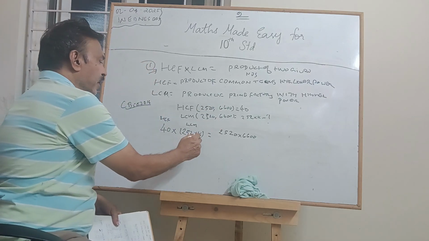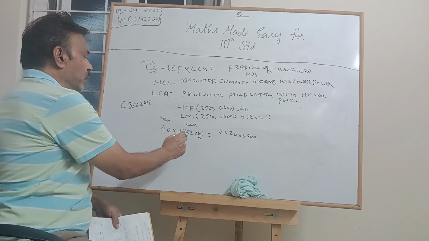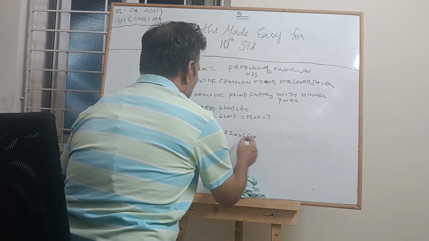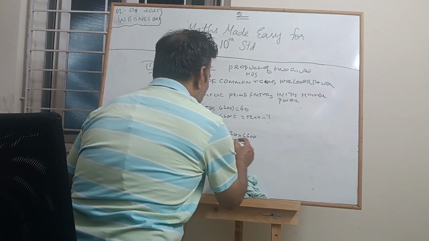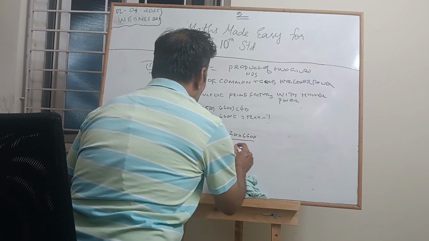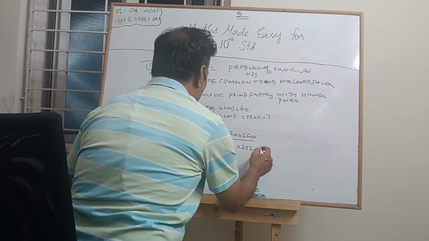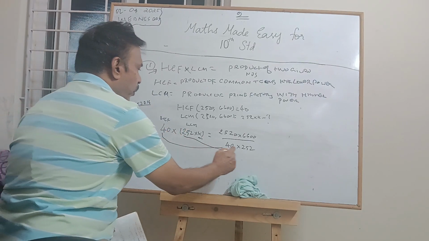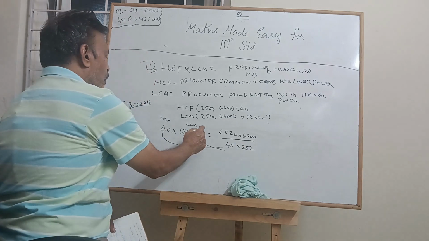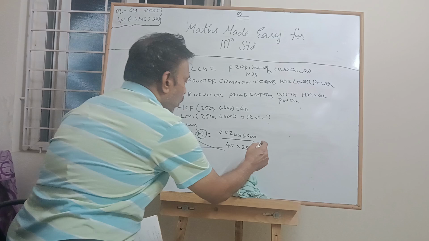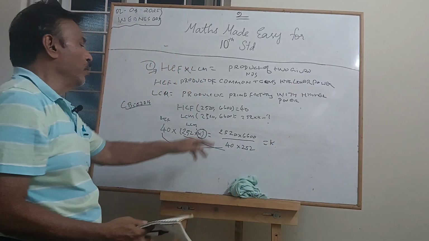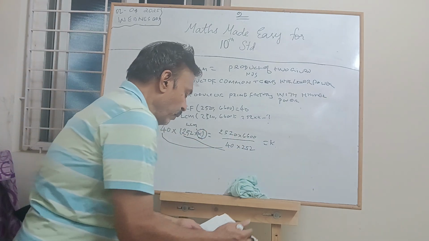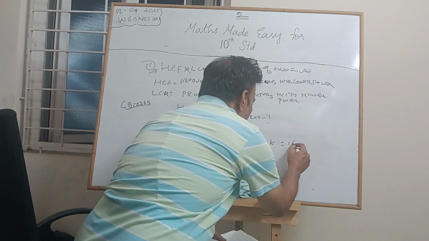Now you have to find out this K. So this 40 and this 252 will be divided here. So K is equal to 2520 into 6600 divided by 40 into 252. If you do this multiplication and division, K will be 1650.